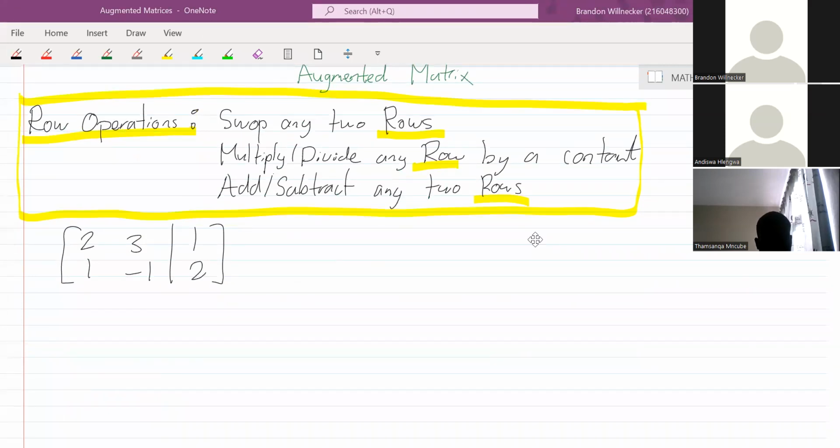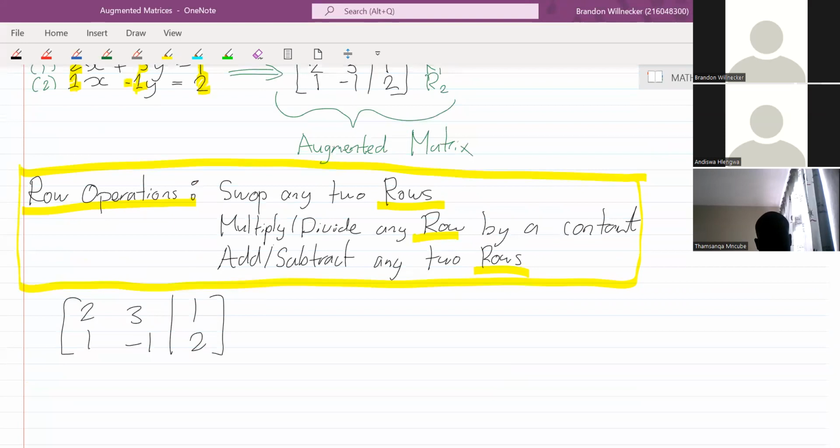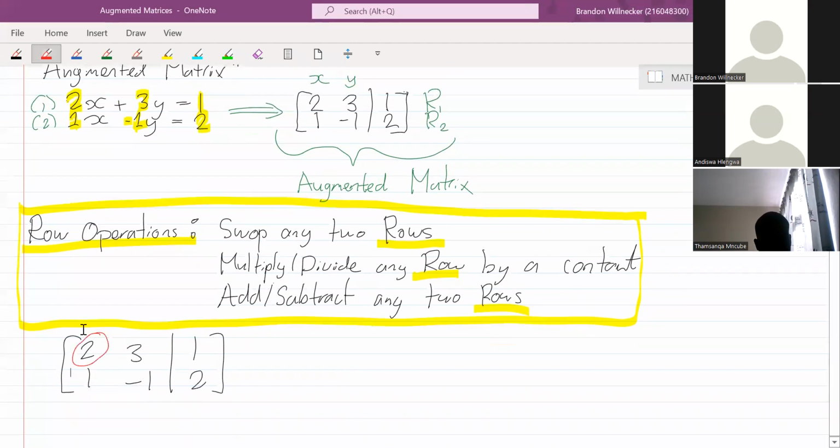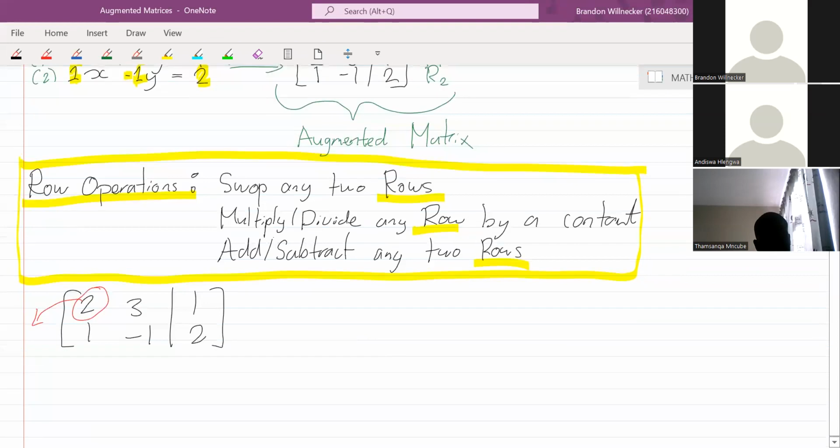Okay, and we're going to do our row operations now. So remember what we wanted. We wanted the first equation. So now we want the first row to have the coefficients of x being 1. Okay, we just want x equals something. So that means that this first entry here, we want this to be a 1. Right?